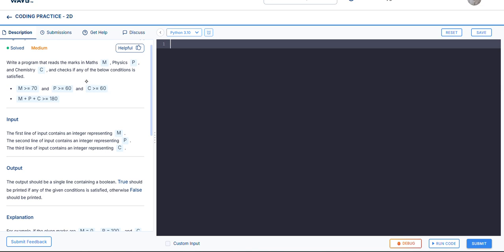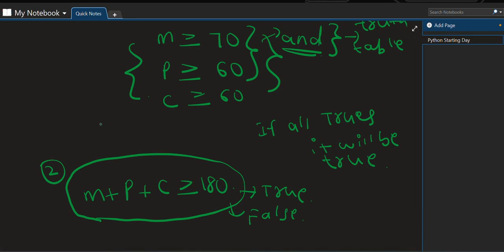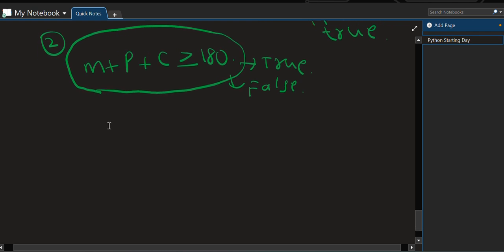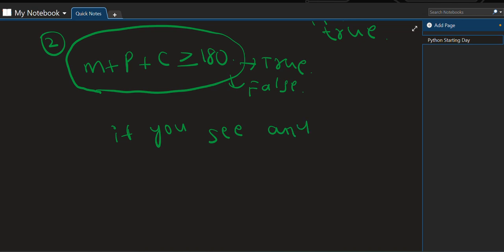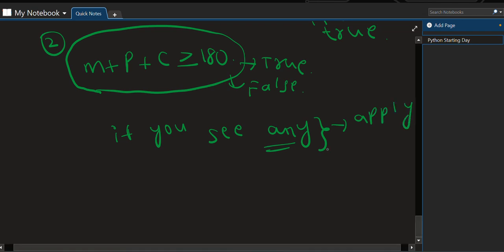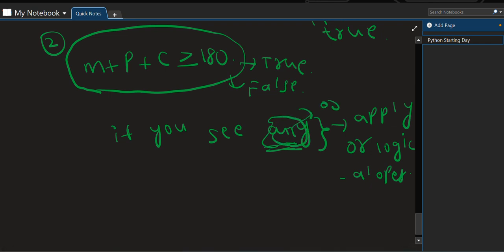And if you observe this question, what they have mentioned is that any one of the below conditions is satisfied. In any question, if you see any, it means apply an OR gate or logical operator. If it says any, just consider it as OR.